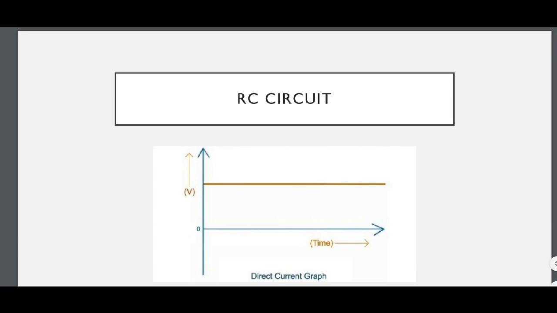As noted here, the input is a sine curve and the output is just a straight line at some voltage value. Now that voltage value can be calculated and determined by the resistors you use, the capacitors that you use, what your input is, etc., etc.